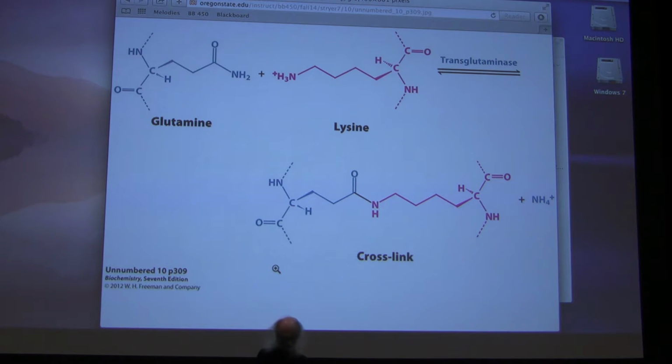That reaction is catalyzed by an enzyme called transglutaminase, which joins together side chains of glutamines and lysines. Wherever these are in close proximity between two different fibrin subunits, the reaction forms a crosslink, a covalent bond that stabilizes the clot and holds everything together. So that's an important step in the clotting process.